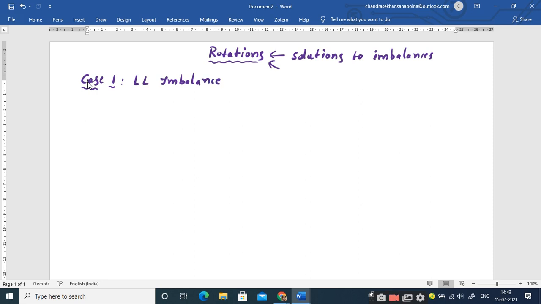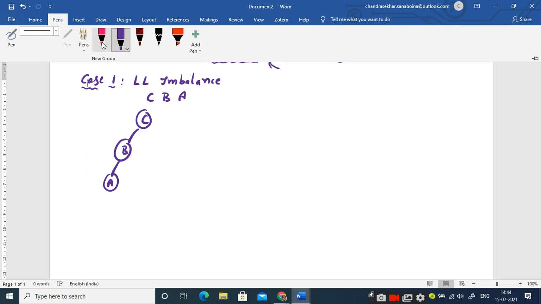What is LL imbalance? This left of left imbalance happens when you try to insert a node as the left child of another left child. So if I take this C, B and A, I get like this. So what are the balance factors I have here? What is the balance factor of this A? 0.